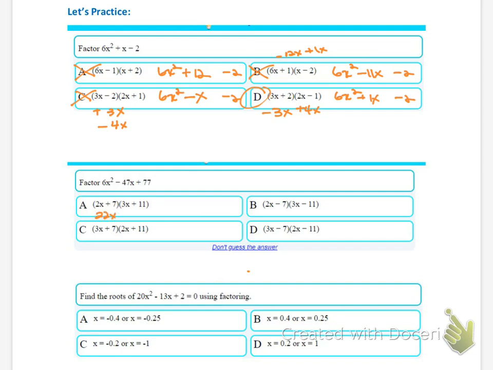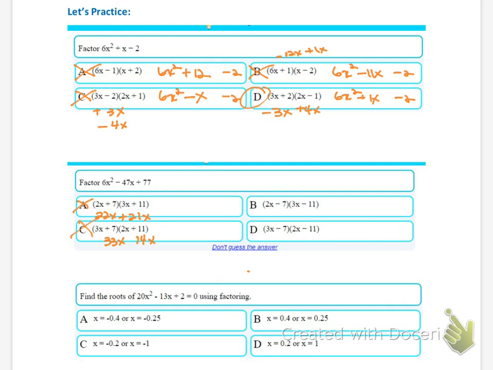The inners will be 21x, and that's not going to work because they're both positive, so that's no. Okay, this next one, I have 33x, which is positive, and a 14x, which is positive, but does not get me what I needed, so no, that's out.